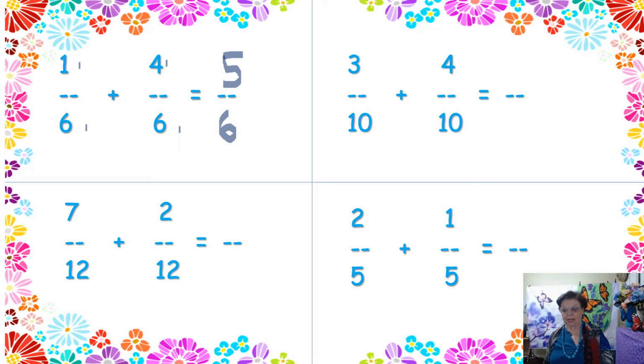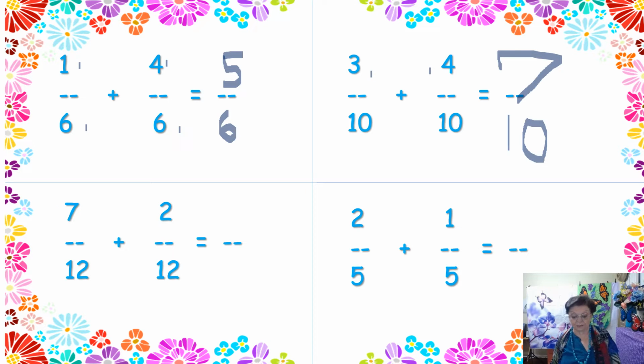What's our denominator going to be here? If you said 10, you're absolutely correct because these are like denominators. And then we're going to add the two numerators. What is the numerator going to be in our answer? Correct. 3 plus 4 is 7. Whoa, that's a big old 7. So the numerator is going to be 7.